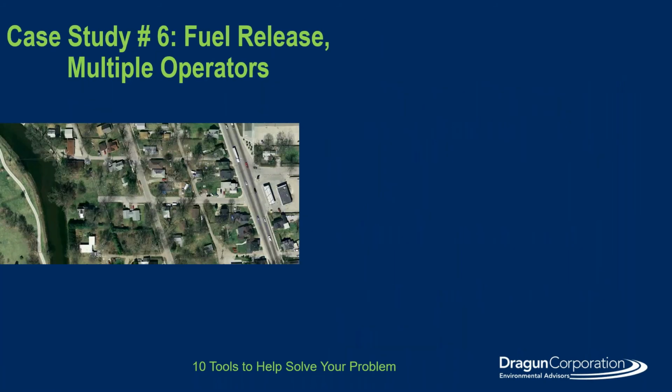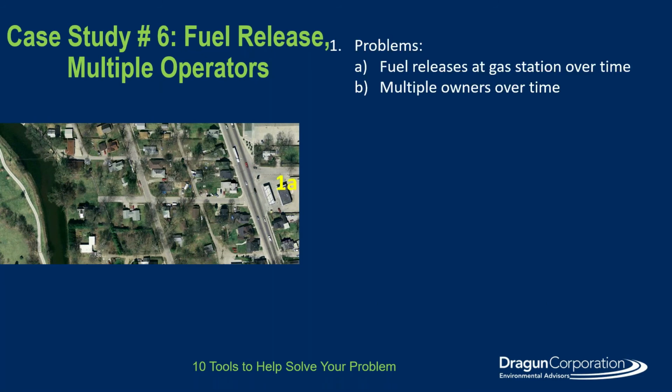Finally, this is a fuel release where there were multiple operators. This was a litigation problem. So at 1A, there was a gas station with multiple owners over time. There were releases over time.